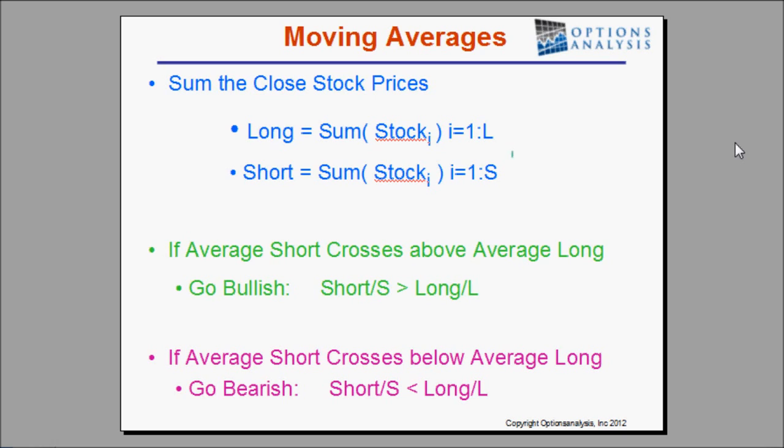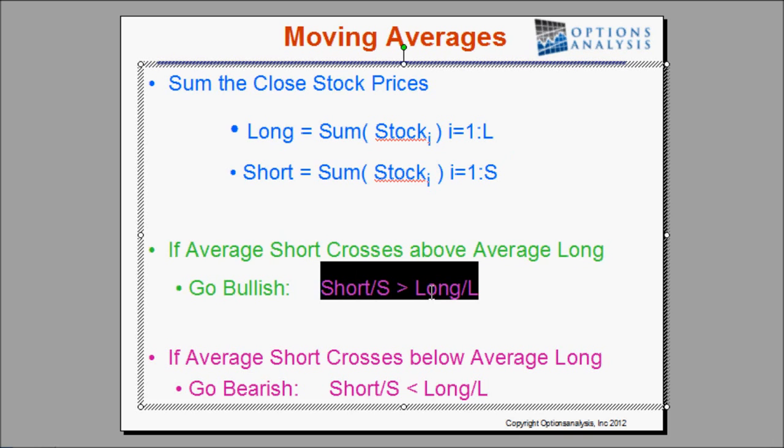And when you look at the average of the short price versus the average of the long prices, if the short crosses above the long in this green formula that you see here, you go long, or you're bullish. And when the short drops below the long average in a moving average, you go bearish.